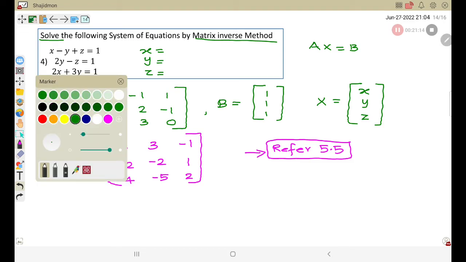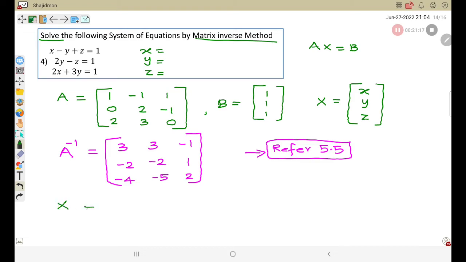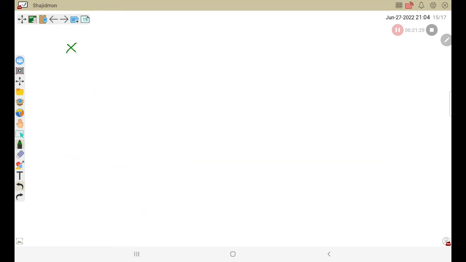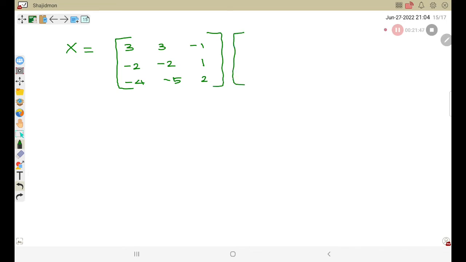Now we can apply the rule for finding the solution. X equals A inverse matrix multiply B matrix. So we can write X equals A inverse matrix, which we just wrote: 3, 3, -1, -2, -2, 1, -4, -5 and 2, multiply B matrix, which we already wrote: 1, 1 and 1.